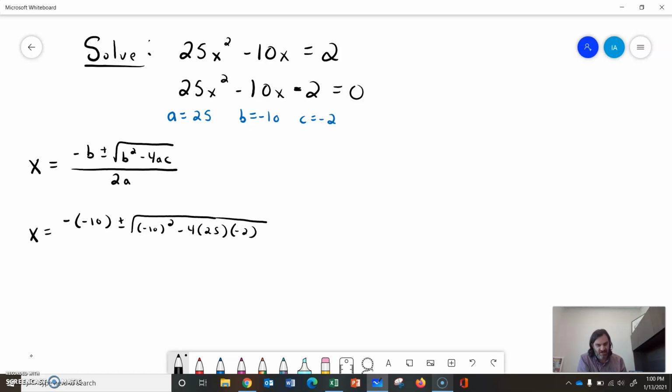And then that will be all over 2a, which will be 2 times 25.